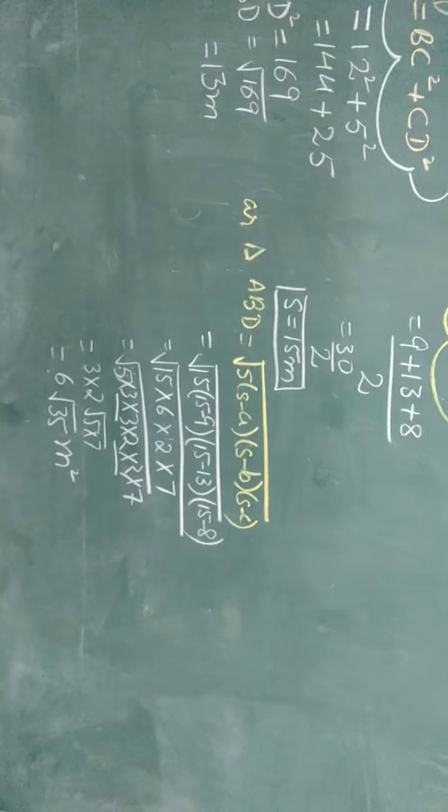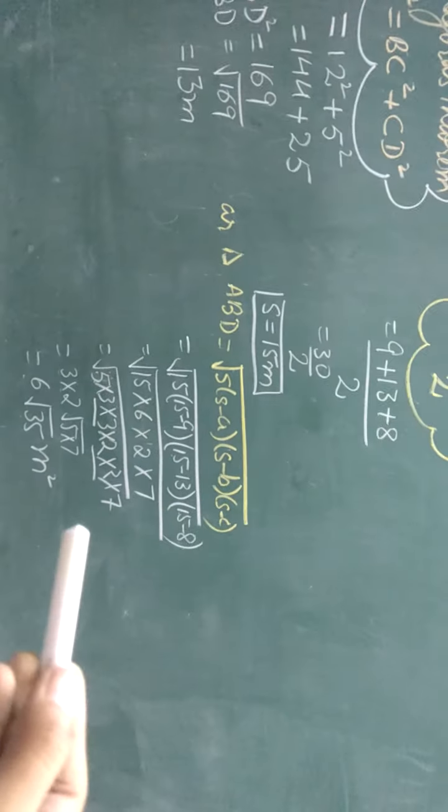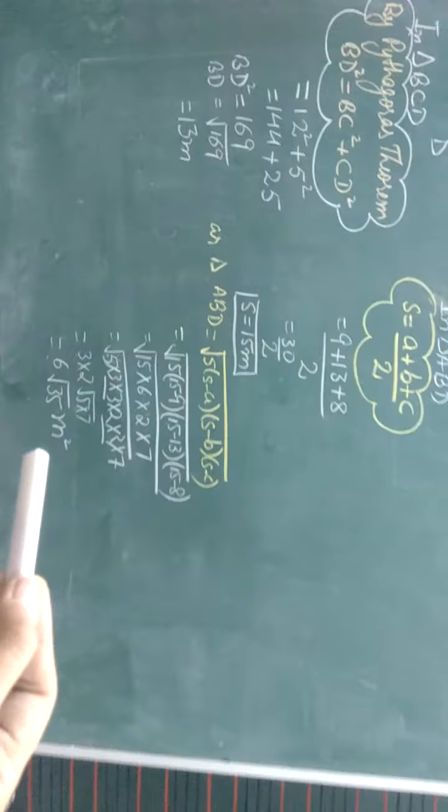But dear students, now to add the two areas, this area and the area of the first triangle, we must make them like terms. Means in this case we have to solve the square root also. So let me explain you the long division method for 35.